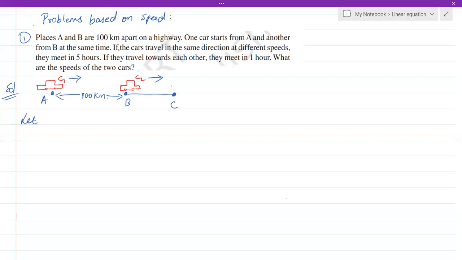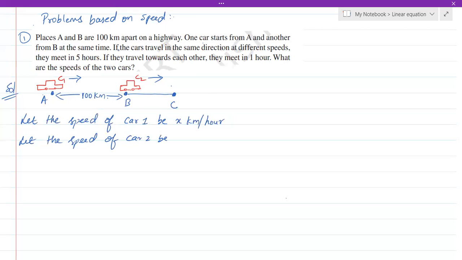Let the speed of car 1 be x kilometer per hour, and let the speed of car 2 be y kilometer per hour.